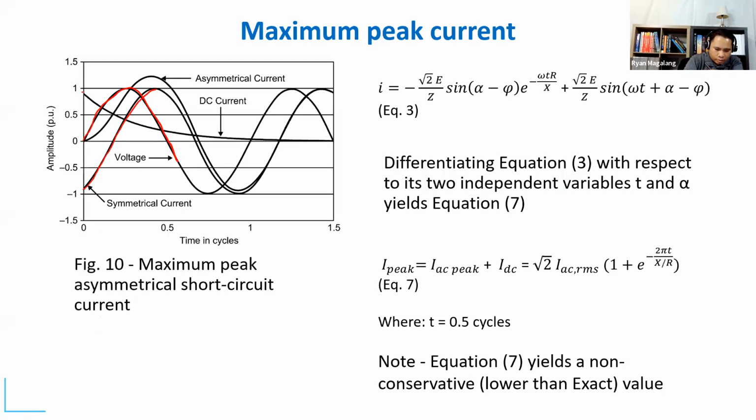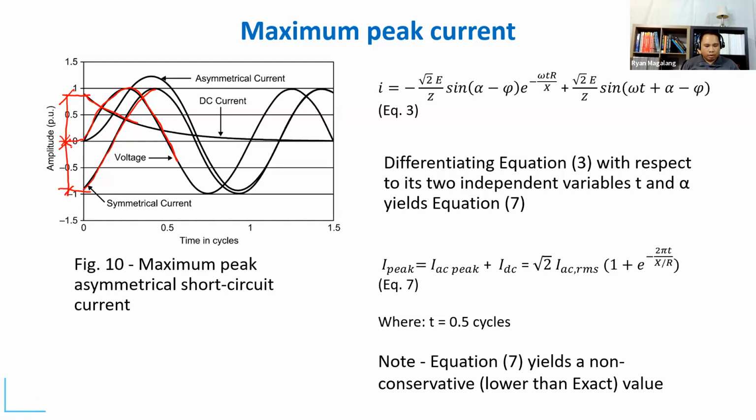And when you look at your decaying DC here, that is exactly the same. So this value is the same as this value here. They're the same. So that is the physical explanation of your decaying DC.